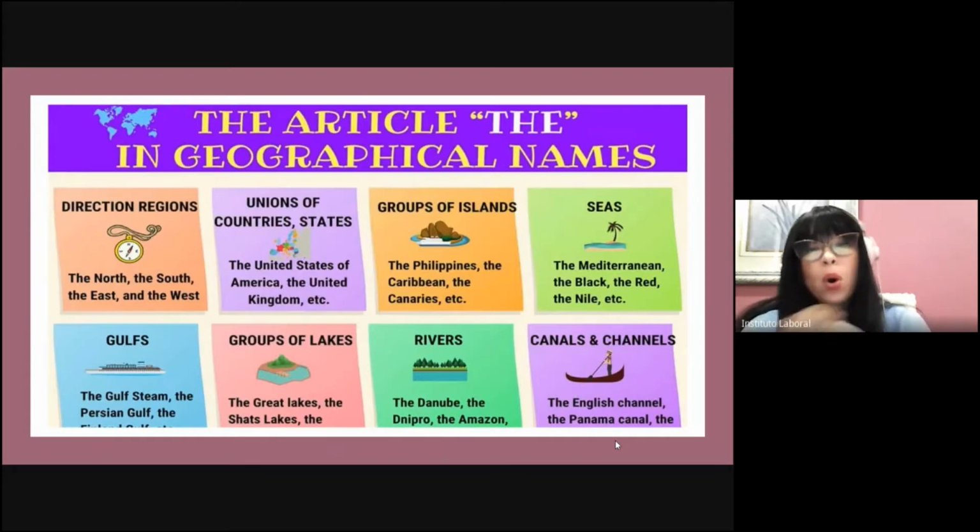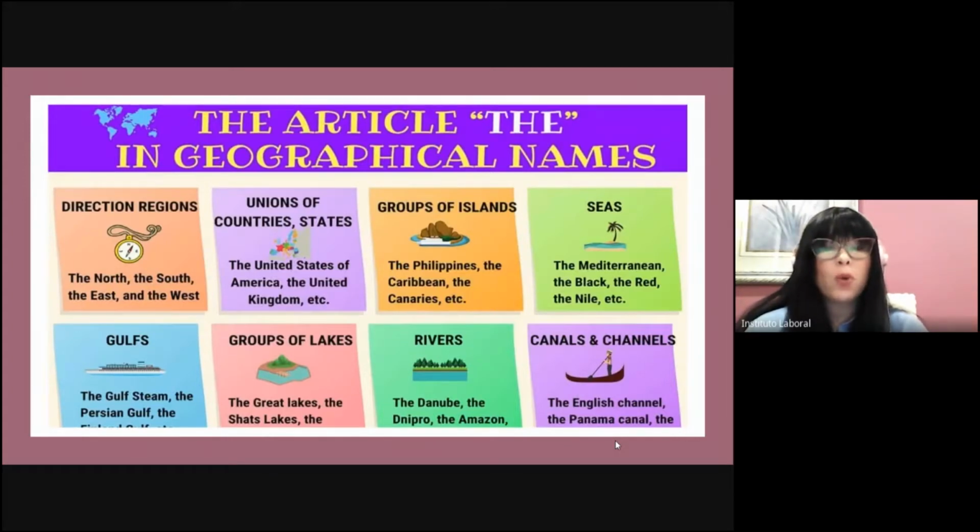When we talk about groups of islands, we use the article: the Philippines, the Caribbean, the Canaries. When we refer to names of seas, the Mediterranean Sea, the Black Sea, the Red Sea, the Nile. When we talk about gulfs, the Gulf Stream, the Persian Gulf.